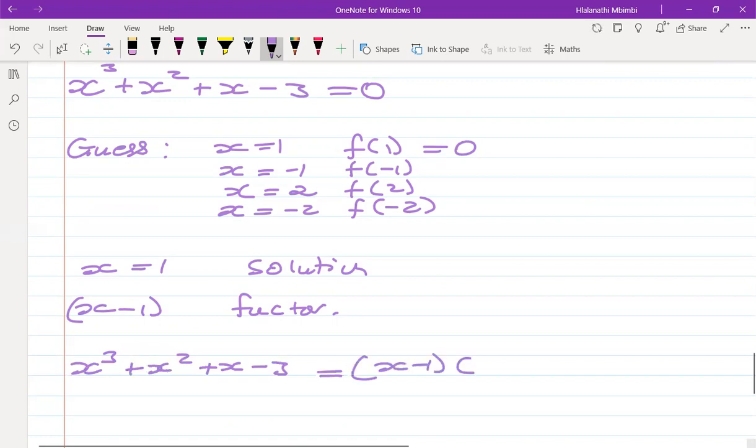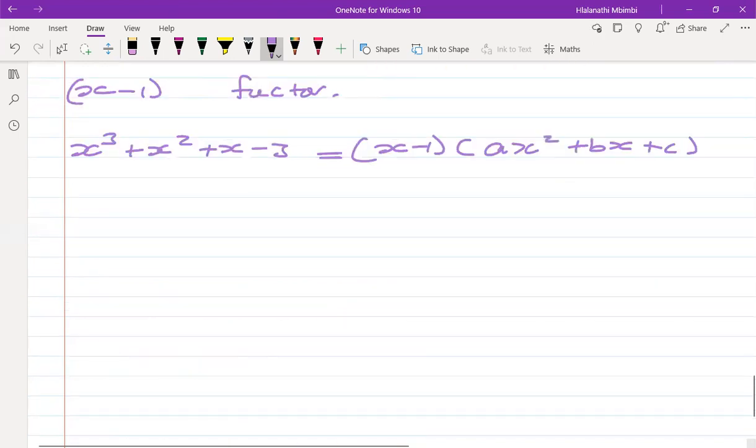And we know from doing difference of cubes and sum of cubes that the solution is always accompanied by a quadratic. If you have x minus 1, then you're going to have a quadratic here, ax squared plus bx plus c. So we know that it takes that general form of a quadratic.